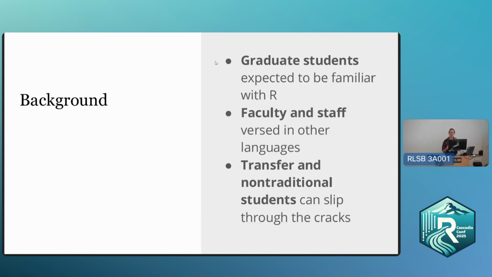And as R becomes more commonplace in academia, there are also faculty and staff who are very well versed in other languages, but they might need some support with translation if their students and collaborators are more familiar with R. And in addition, transfer and non-traditional students can also slip through the cracks with relation to learning R or just coding languages in general.